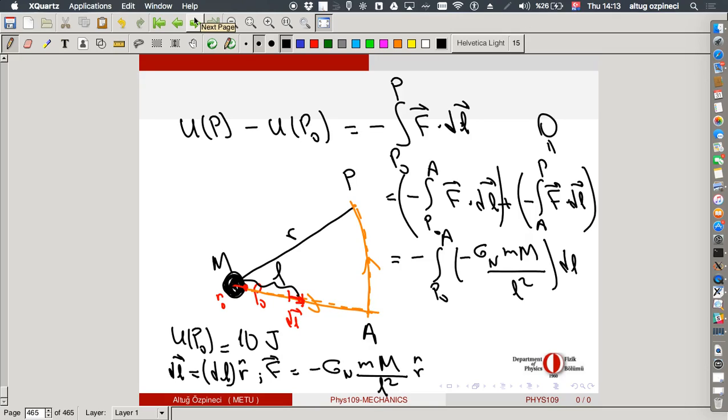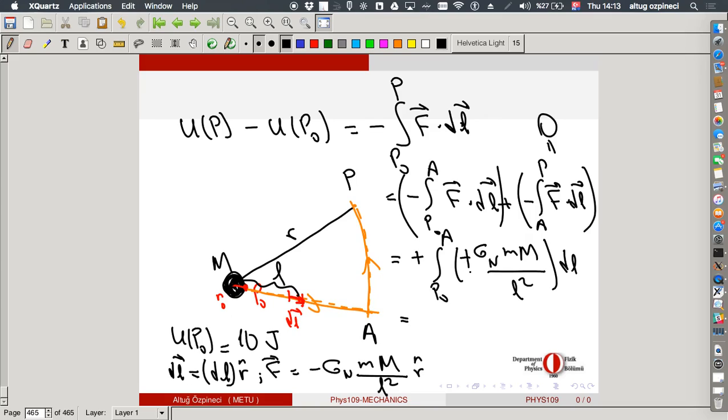Now in the second part, the force is in that direction, and I'm always moving perpendicular to the force. This dl is the direction of my step, and this is the force. Since all of my steps along this path are perpendicular to the force, this is 0. There is no work done on me by this force. That is the reason why I chose such a path.